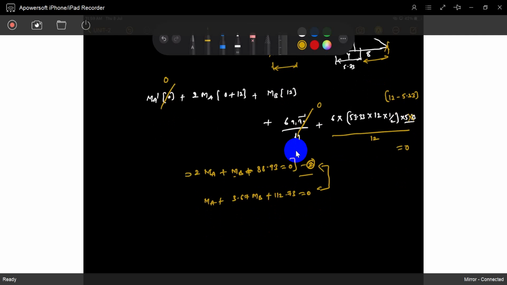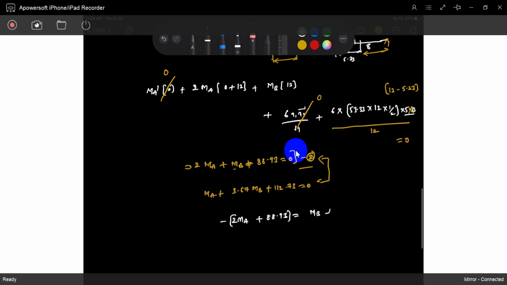If you take the second equation, 2MA plus 88.93 is equal to MB, but with a negative sign. It is simple, I think. So try to put this into the other equation.